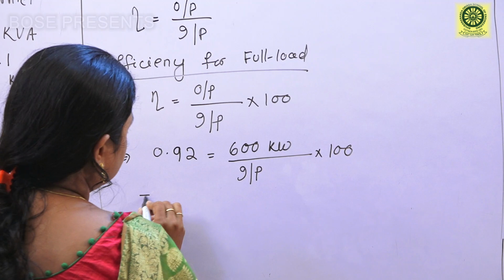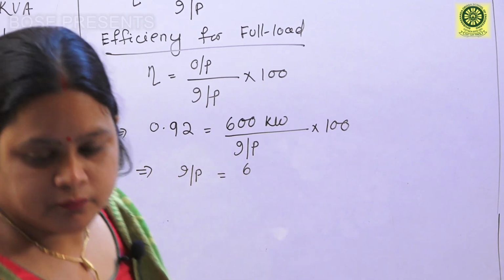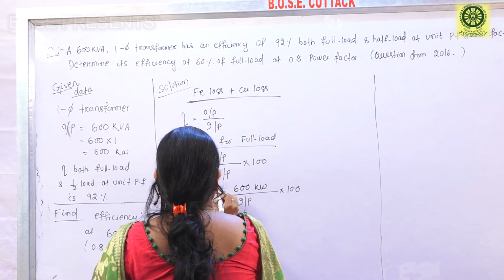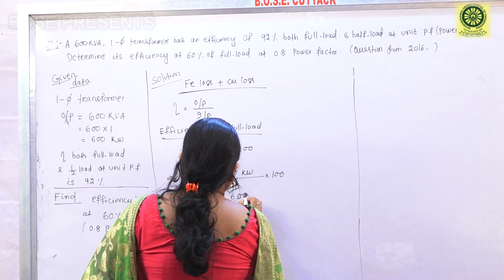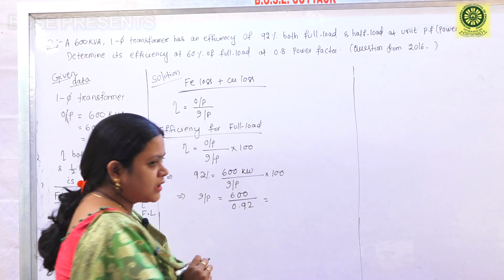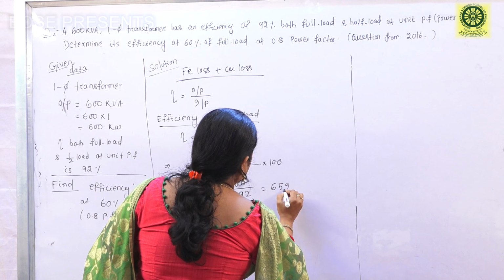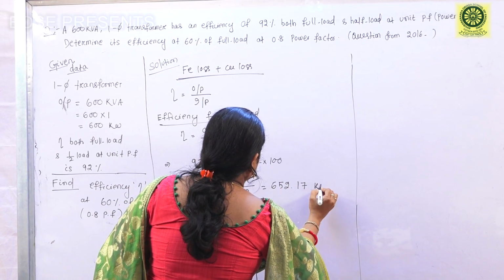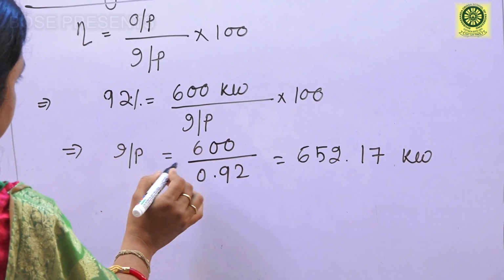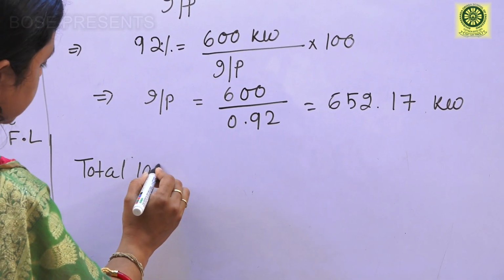So the input power will be 600 divided by 0.92, which becomes 652.17 kilowatt. So 92% here becomes 0.92. So input is 652.17.